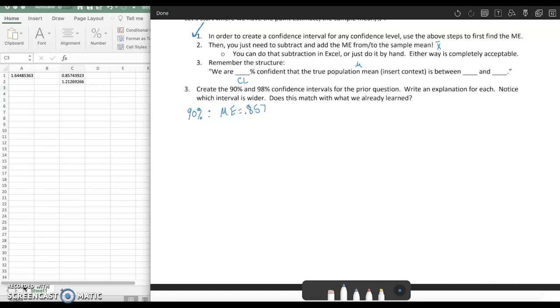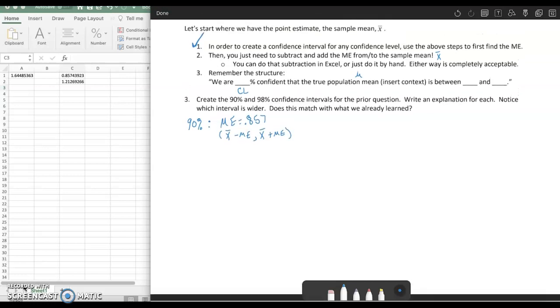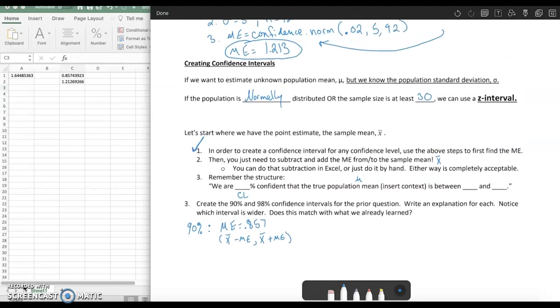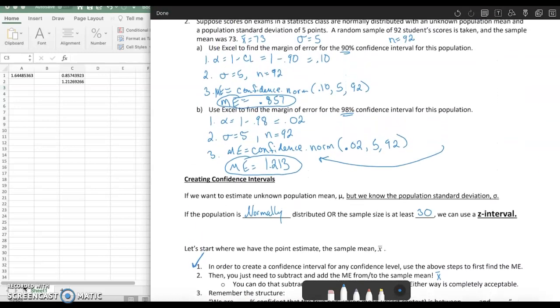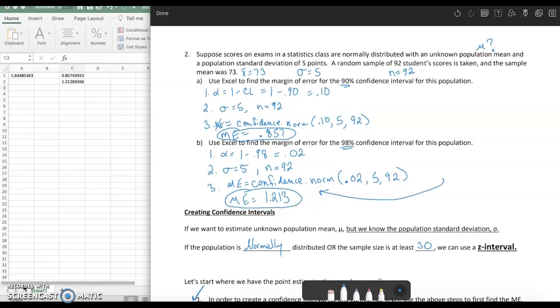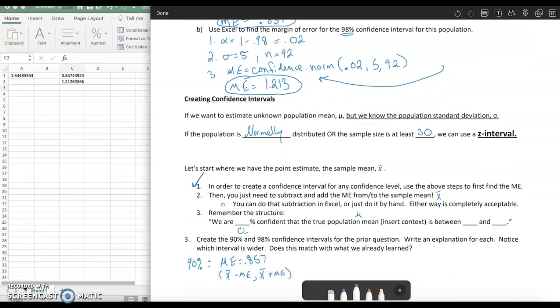Okay, then in order to create the confidence interval, we simply do x bar minus the margin of error, comma, x bar plus the margin of error. So let's see, we've got the margin of error. Let's scroll back up and remind ourselves, what was x bar? We have to be given that information, or we have to calculate it for ourselves, but in this case, we were given that information. X bar in this case was 73. That was the sample mean.